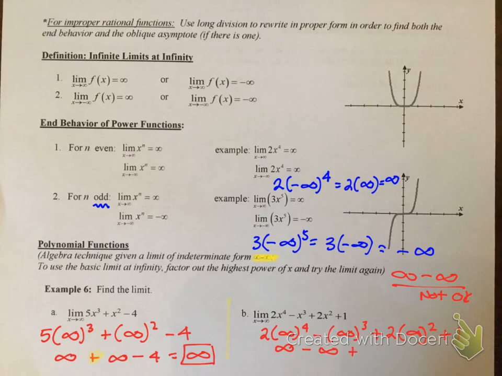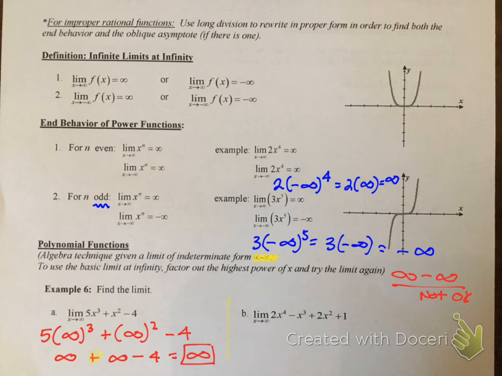And then we have plus infinity minus 1. Right here, this is a problem because we have infinity minus infinity. That is not okay. It's an indeterminate form. So therefore, now we have to use an algebraic technique. So it says to us to factor out the highest power of x and try it again.